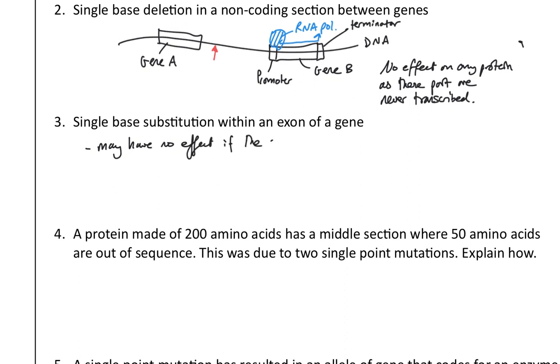If the changed codon calls for the same amino acid, putting AA for amino acid, and this is due to the degenerate nature of the code.